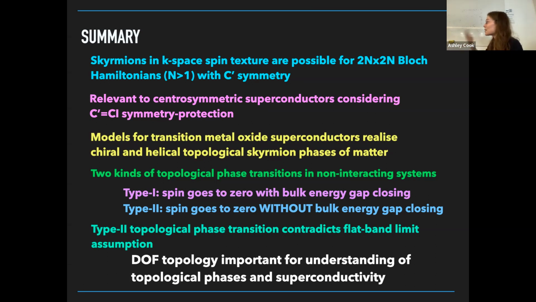We may need to think more about the consequences of this topology being in principle in models that we had considered previously, but we weren't aware of it. There's also the issue of whether this topology associated with subsets of the degrees of freedom of the ground state has potential consequences in the study of topological phases of matter as well. And with that, I'd like to thank you for your attention.